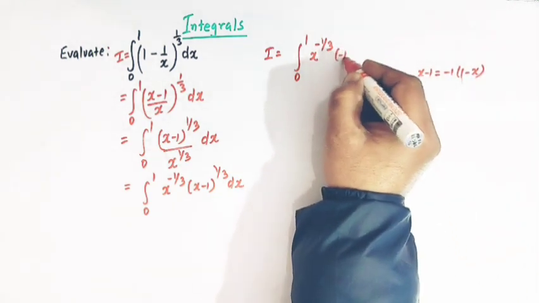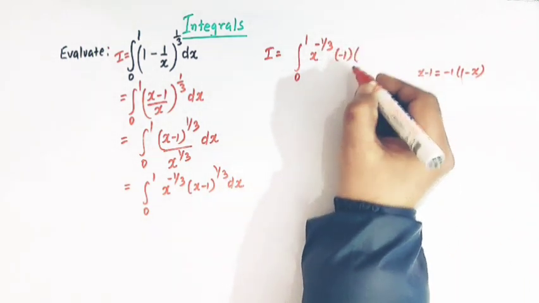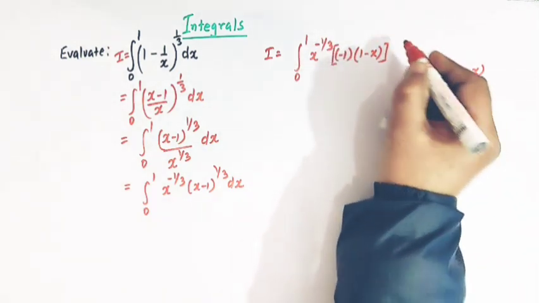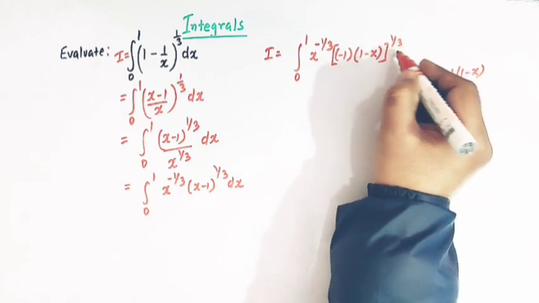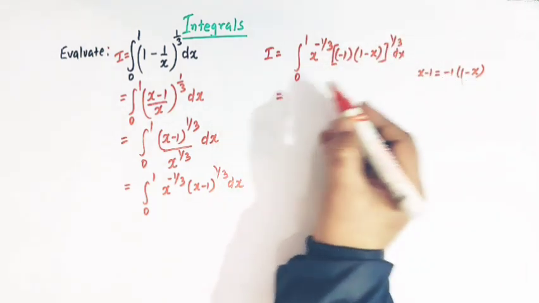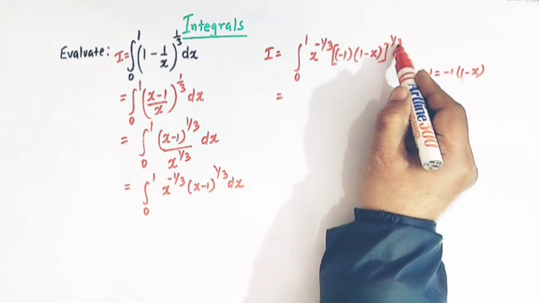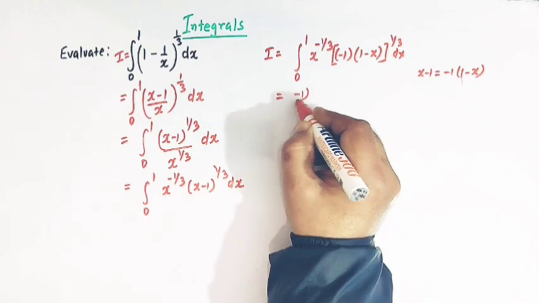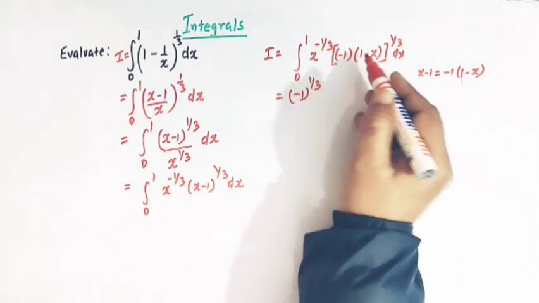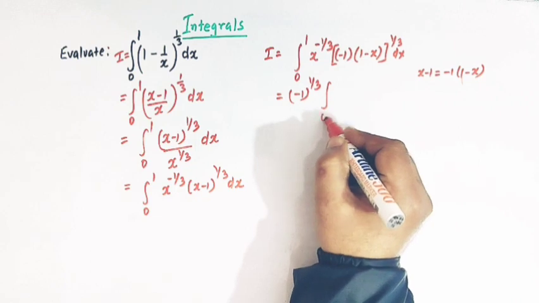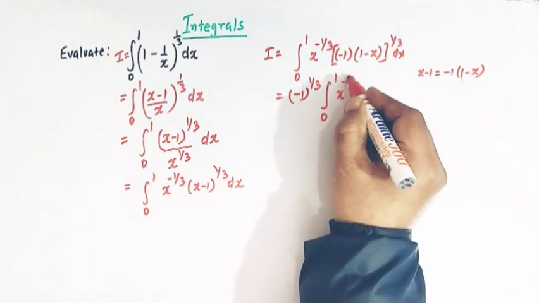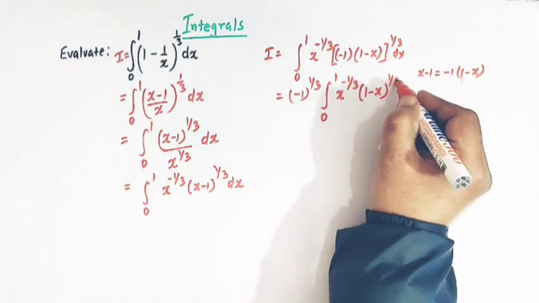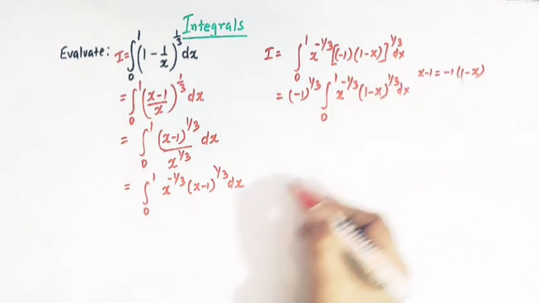So here we have minus 1, and then we have 1 minus x, and we can write the exponent 1 over 3. So now we can distribute 1 over 3 over minus 1 and 1 minus x. So we can now write (minus 1) raised to 1 over 3 outside the integral, and here we have 0 to 1 x raised to minus 1 over 3 and (1 minus x) raised to 1 over 3 dx, right?